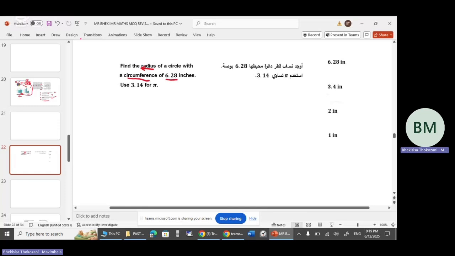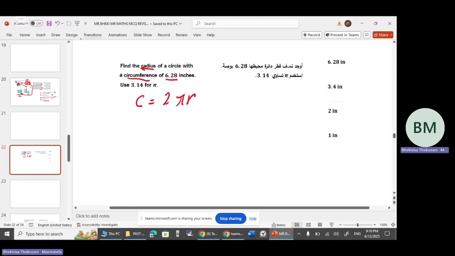Now we all know the formula to find the circumference if you are given a radius, and that formula is C equal to 2 pi r.